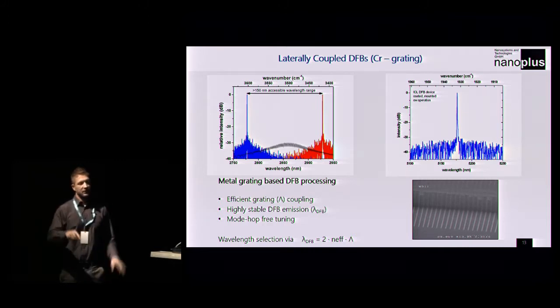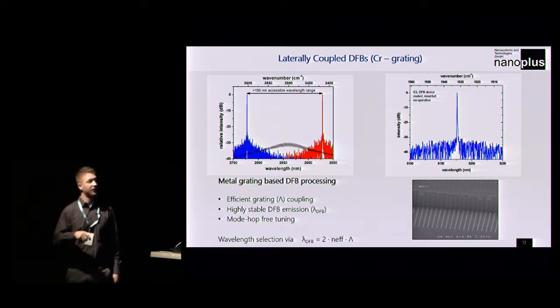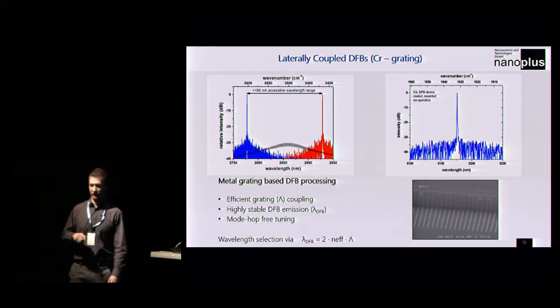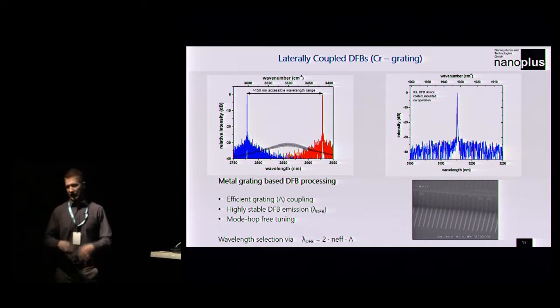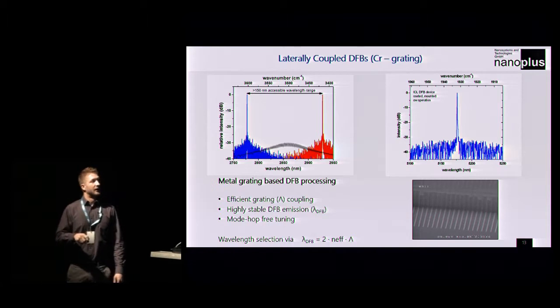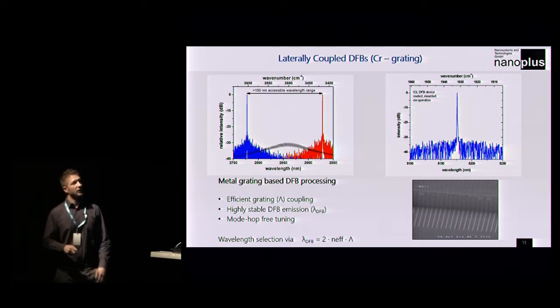So even in this, I call it short wavelength range, we have with one epitaxy an accessible wavelength range of over 150 nanometers, and in longer wavelength ranges we have demonstrated more than 300 nanometers of accessible wavelength range with one epitaxial design. And here's an example of a rather long wavelength ICL DFB device beyond 5 microns.